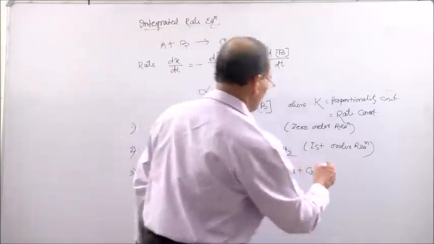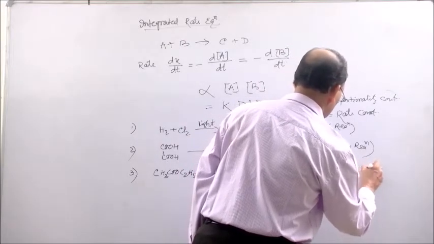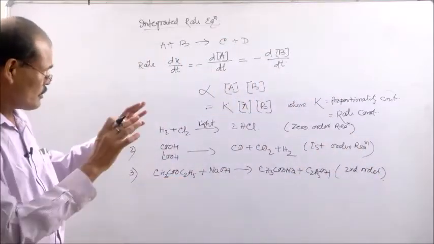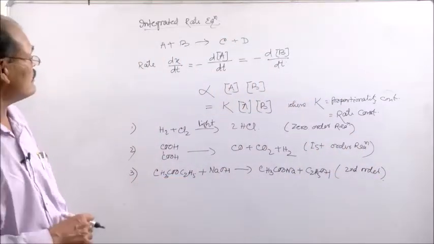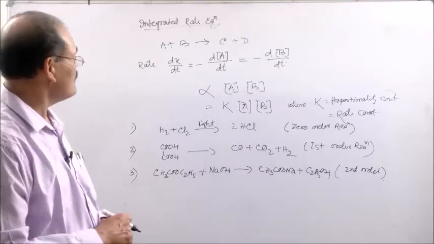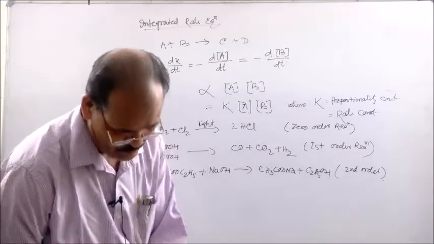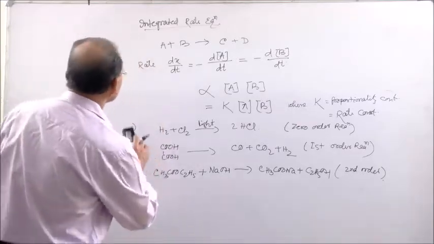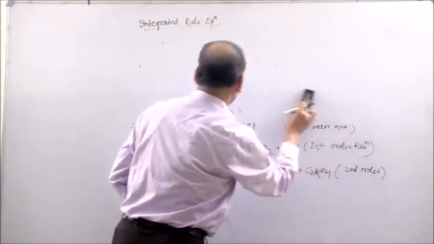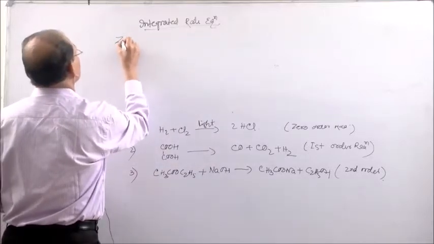That is why it is second order. So we will confine ourselves to these three kinds of reactions, and in that case we derive the integrated rate equations. We consider first zero order reactions.